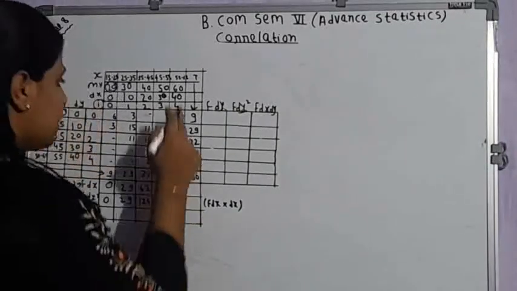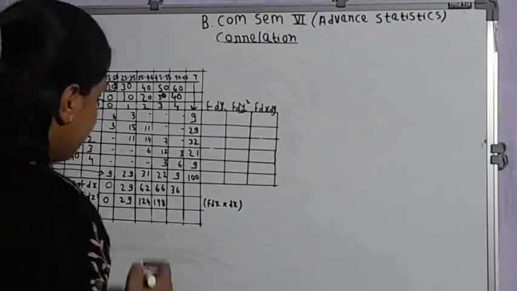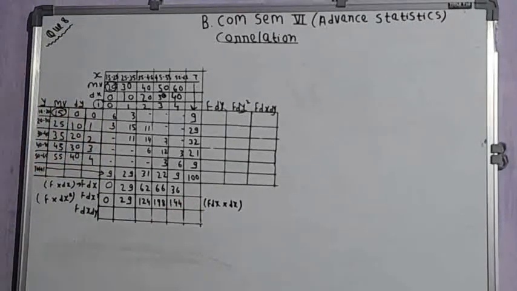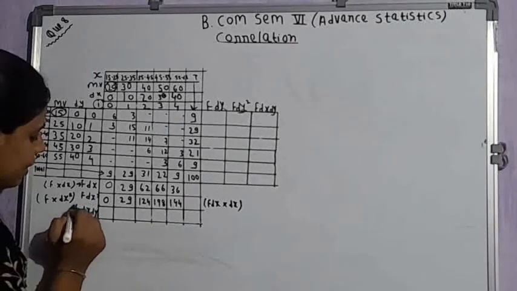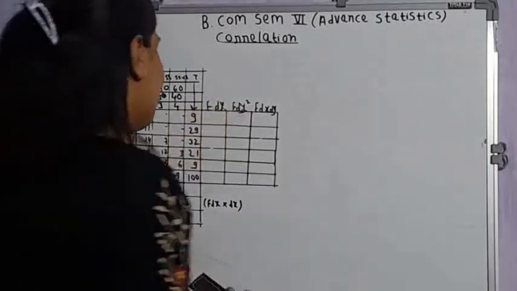Then 36 into 4, it will come to 144. This way we have calculated f dx and f dx square. We will calculate f dx dy later. Firstly, we will calculate f dy and f dy square.